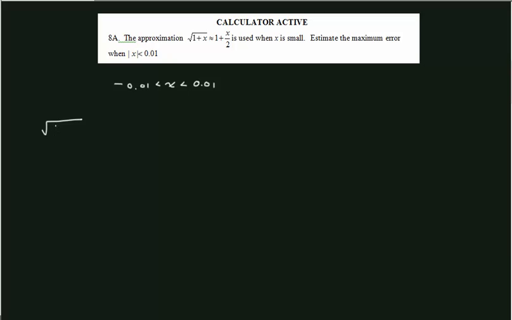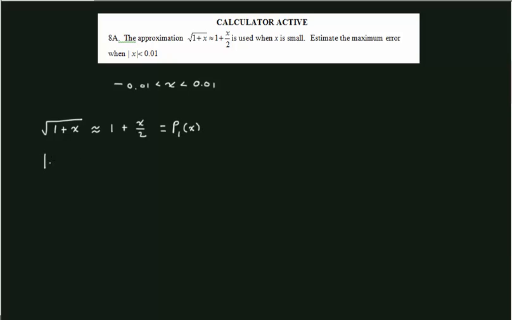We're going to say the square root of 1 plus x is approximately 1 plus x over 2. You might notice that this is simply a linear approximation. This is a polynomial of order 1.